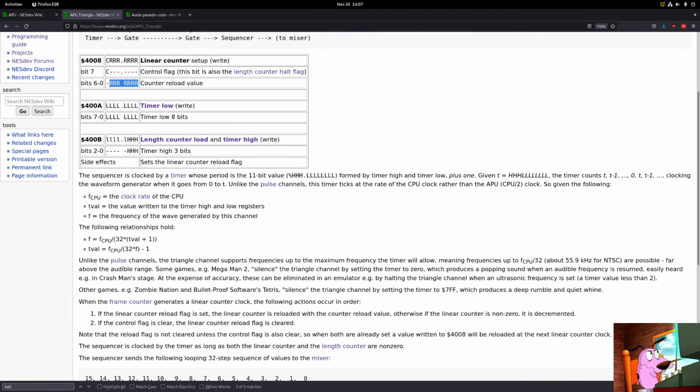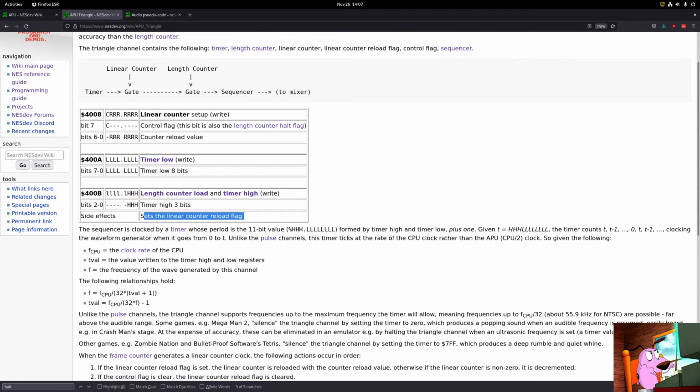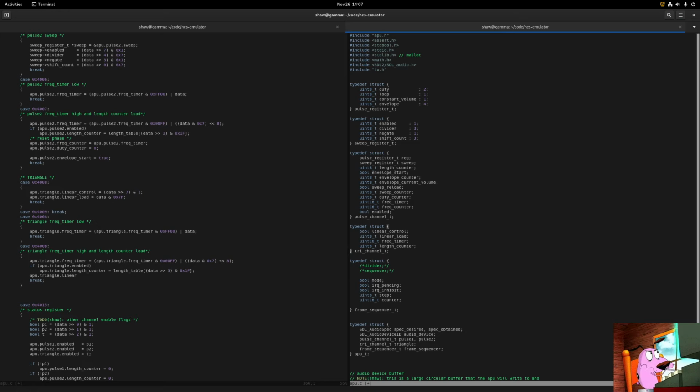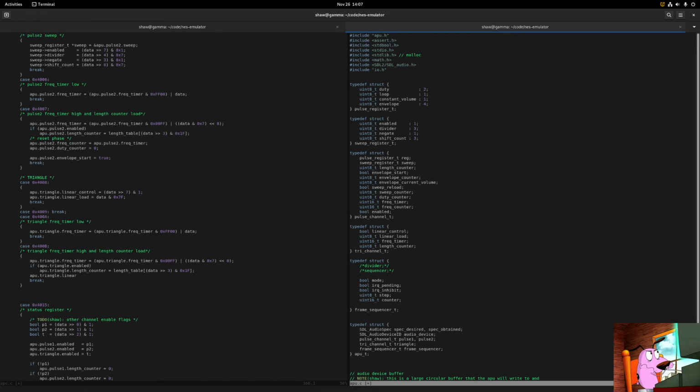So a write to 400B sets the linear counter reload flag. So you have a load value and a reload flag. So I should probably call them that. Counter reload value. Linear load.